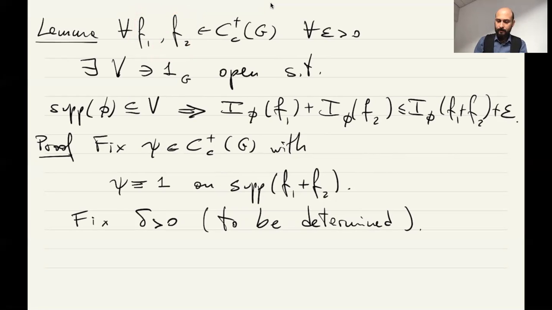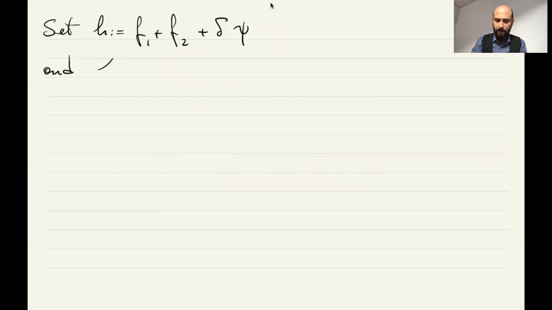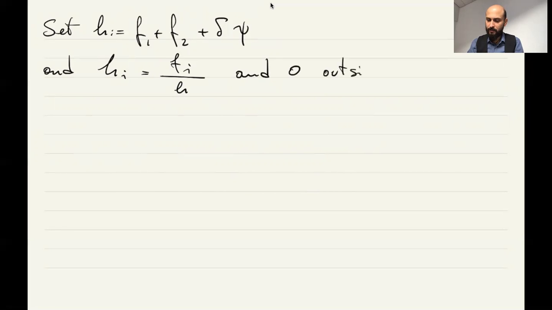Now, okay, let's consider h to be the sum of the two functions plus delta times phi. Okay, and hi is going to be the function fi over h, which should be understood as 0 outside of the support of fi.